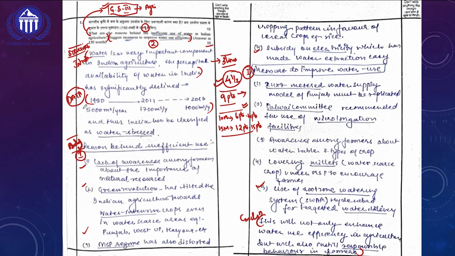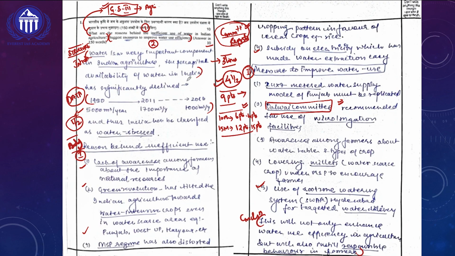So for this particular component, she will be getting half a mark extra for the value addition which she has done. Not only that, she has highlighted the committee reports in her answer also. This is also going to be very important. Whenever we are writing a GS paper 3 answer, the committee reports, data and schematic diagrams are going to be very crucial to fetch extra marks in the examination.